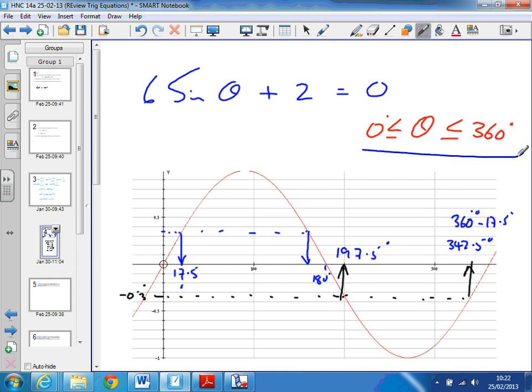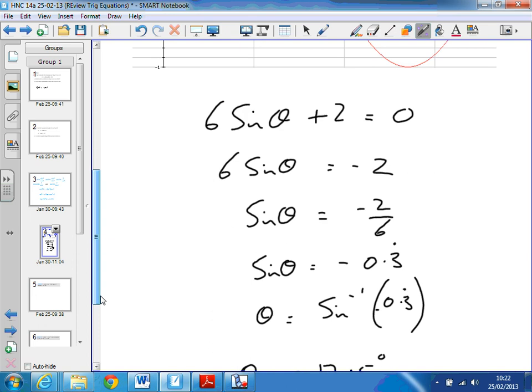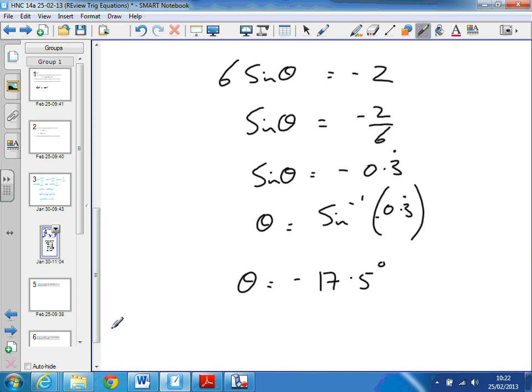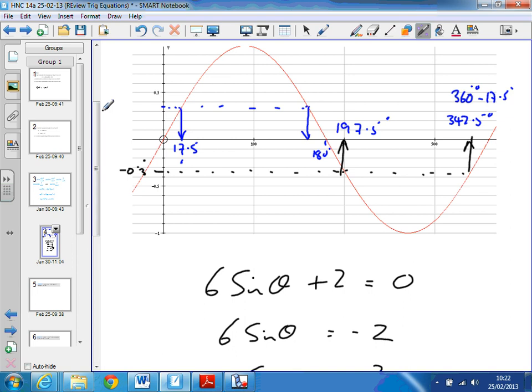Once you've gone through the algebra, the calculator tells you the angle in the first quadrant. What you then need to do is sketch the wave and work out which angles we're actually interested in from the symmetry of the wave. Okay.